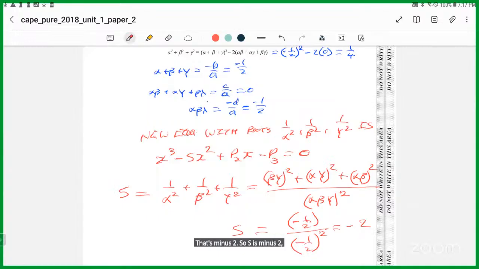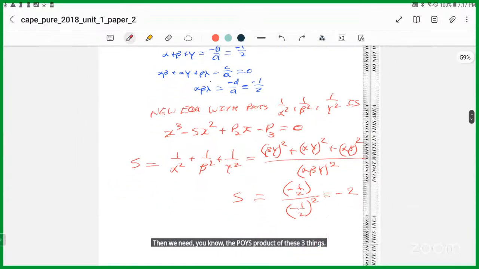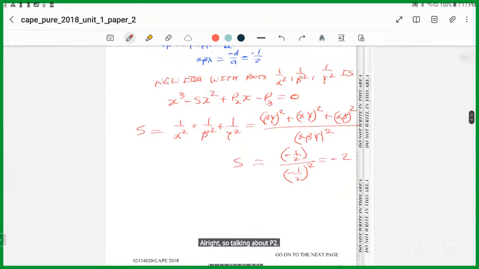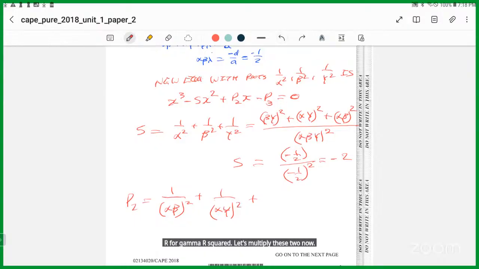So minus 2 is coming right here for this s. Then we now need the pairwise product of these three things. So we're talking about P2, which becomes, multiply these two first, you're going to get 1 over alpha beta all squared, plus multiply this and this, you're going to get 1 over alpha gamma all squared, plus multiply these two now, you're going to get 1 over beta gamma all squared.